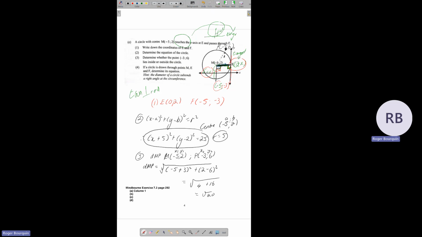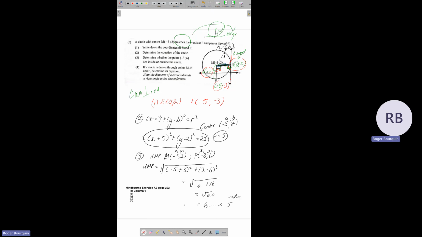The square root of 20, you can check it on your calculator. I haven't got my calculator here, but it's 4 comma something, which is less than 5. Why does 5 matter? Because 5 is your radius.